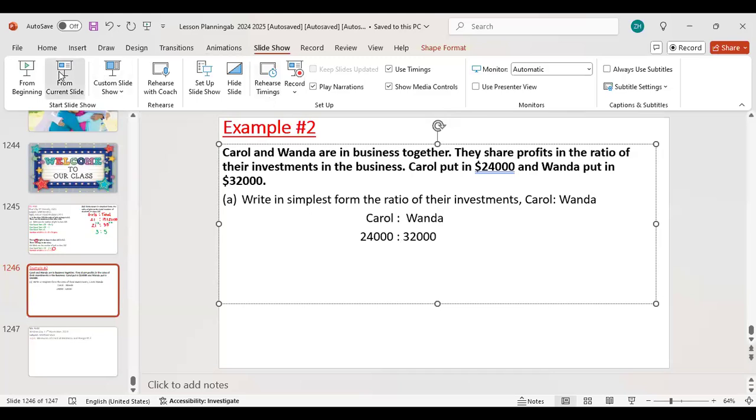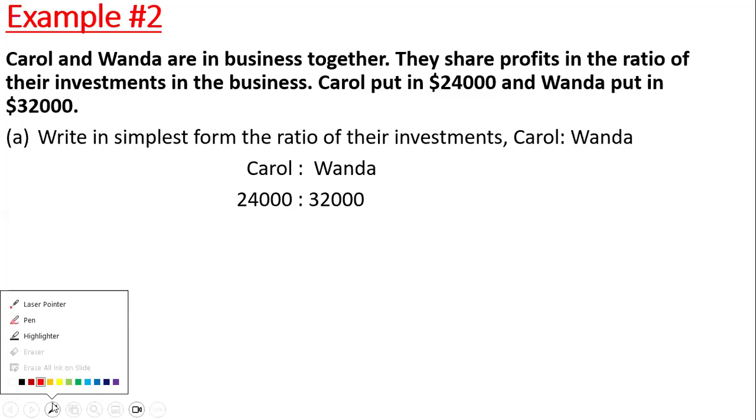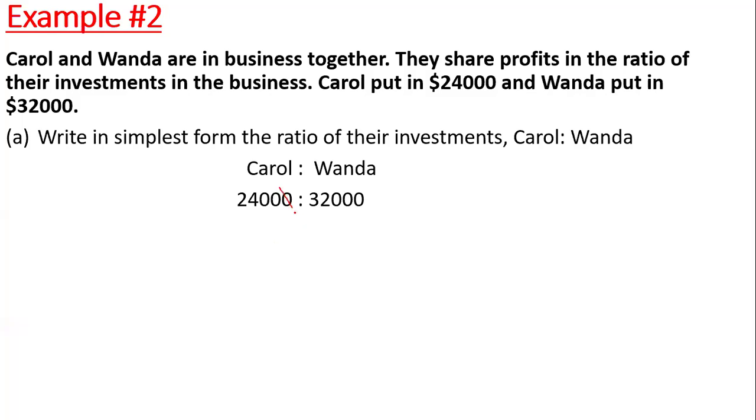Say it again. I cross out the zeros and then I use 4 and 2. Yeah, let's cross out the zeros. Let's do it properly. Erase.